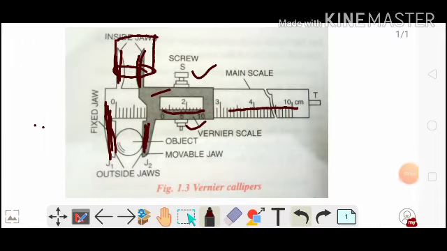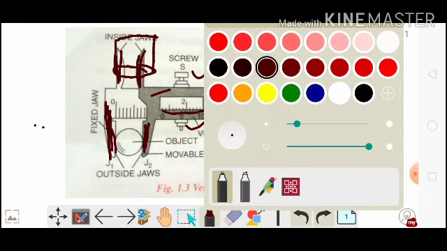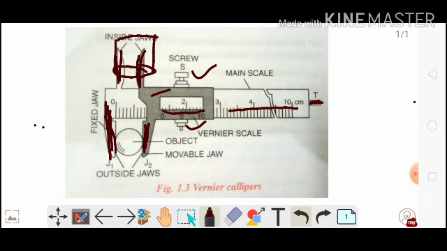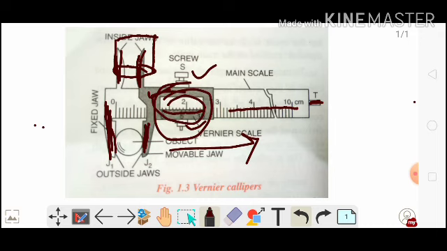Now there is also a thin rod-like structure over here which is marked as T, and whenever you move this movable jaw by using the screws, this will gradually come out. Whenever this section goes in this direction, this rod-like structure will also gradually come out, and whenever this section goes this side, this will again go inside.